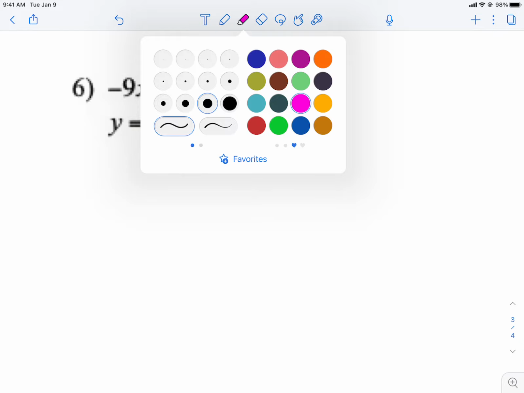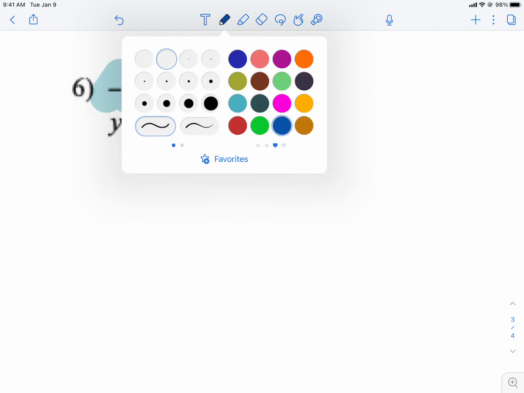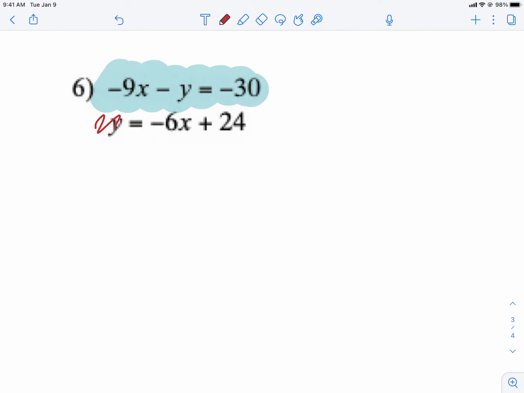Numero 6. So, of course, I'm going to highlight this one blue, and this one in a reddish, pinkish color. What I notice on this one is this is already solved for y.